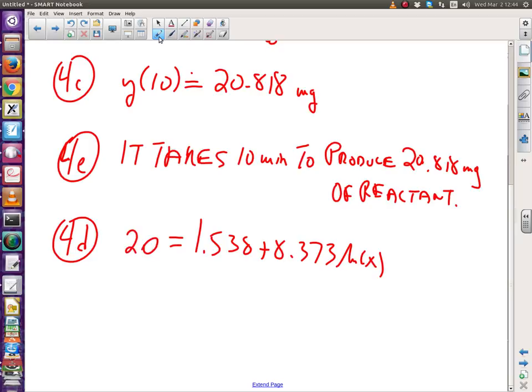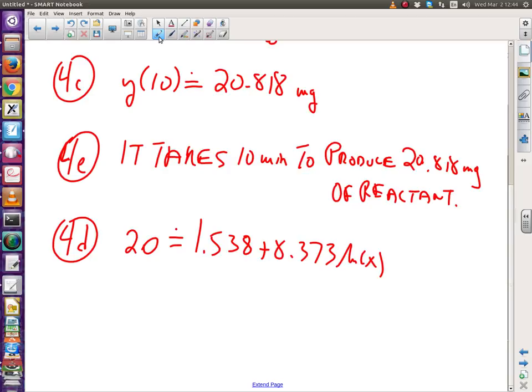You could solve that algebraically, but that's sort of silly because this is an approximation already. So how about you just take your y2, which was your logarithmic regression, and put y3 equal to 20 in your calculator. Set one side equal to y3, set the other side equal to y2, and find the point of intersection. We're finding the x value in this equation, or the t value on the table.